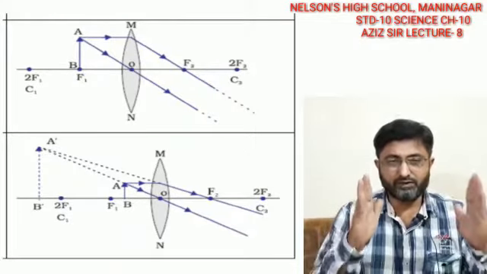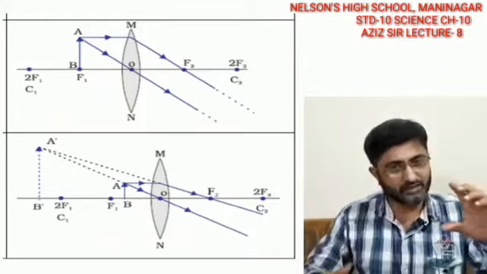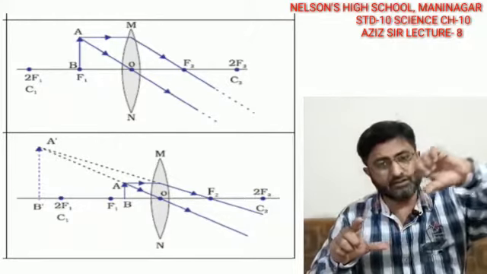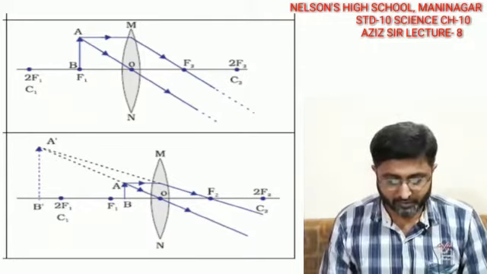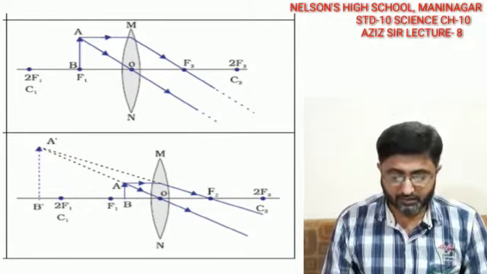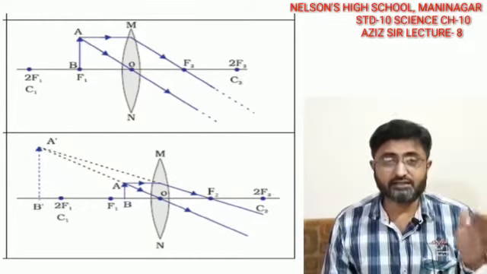In the last one, the whole thing changes. When the object is between P and F, draw a straight line that passes through the focus as before and passing from the pole, but the image is formed by the dotted lines on the same side where the object is kept. When the image is on the same side as the object, the image turns out to be virtual, and in this case it is erect also.